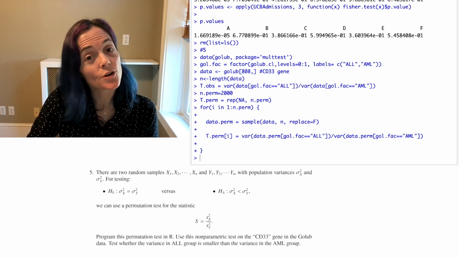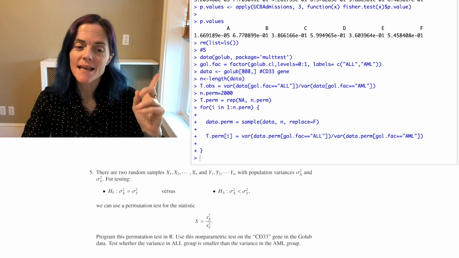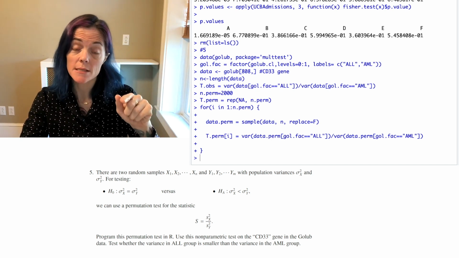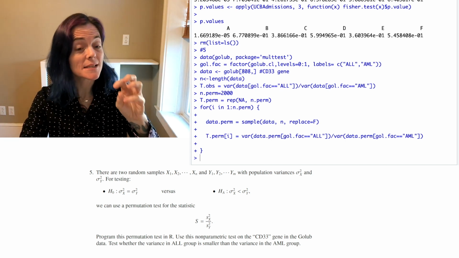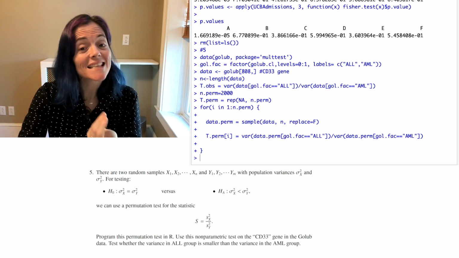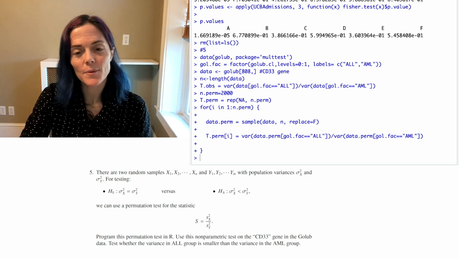If we look at the alternative hypothesis, it's that the variance of x is less than the variance of y. Now move down to the sample statistic. We would be interested in the proportion of the sample statistic from our null distribution that's less than the observed statistic from our sample.